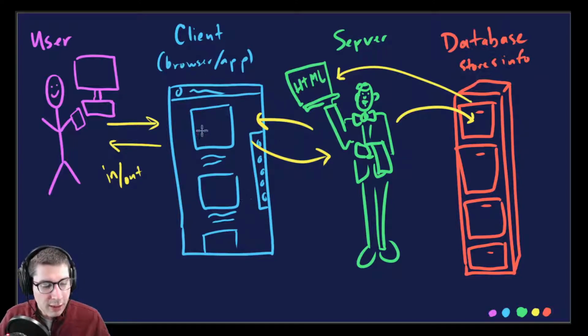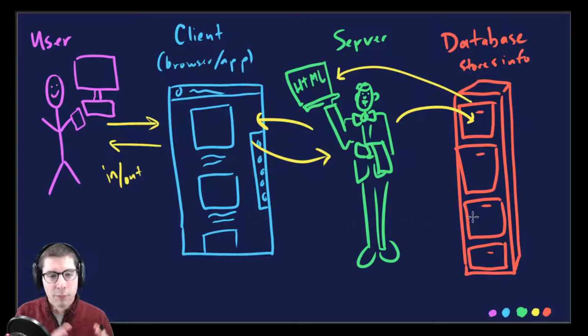You click on a link and the server finds the information you want in the database, and then returns it to you, and your client will update. So every time you click a link and there's that little spinning wheel, for those few milliseconds, all of this is happening. Okay, this is how the internet works in general. Again, these are really broad ways of understanding how a website works.